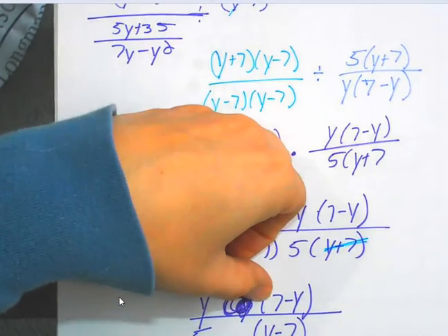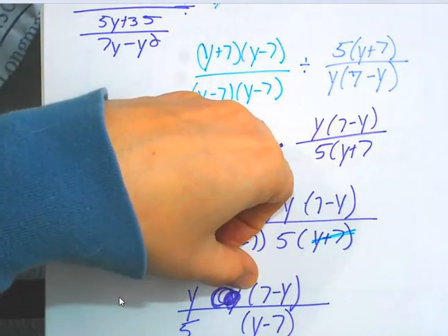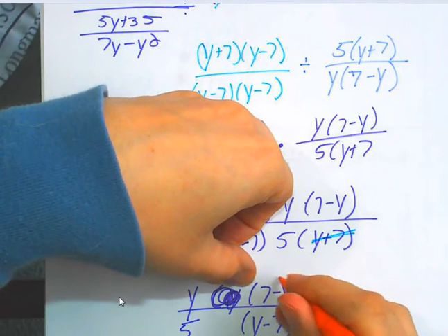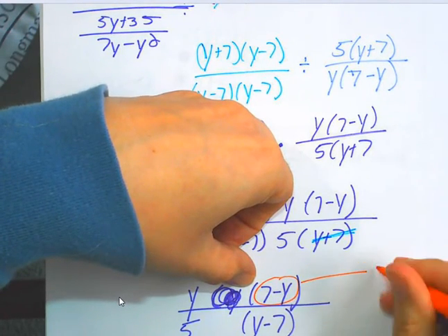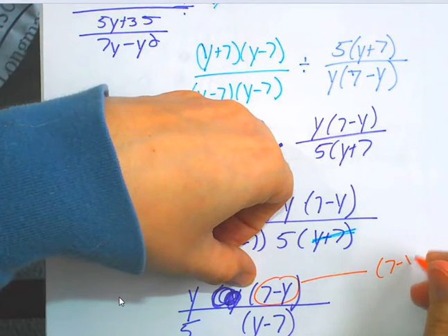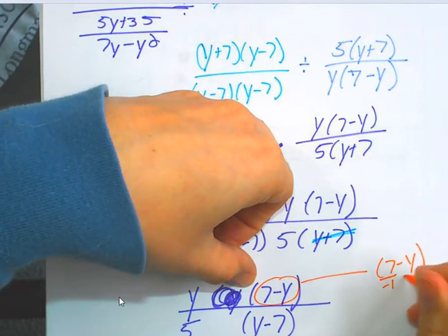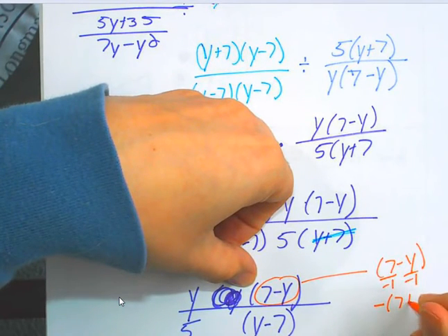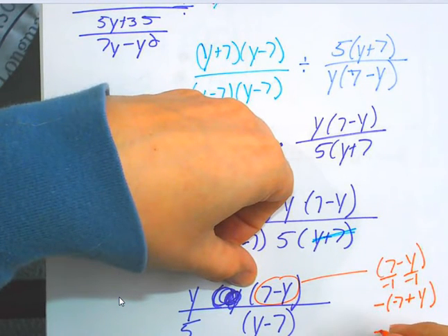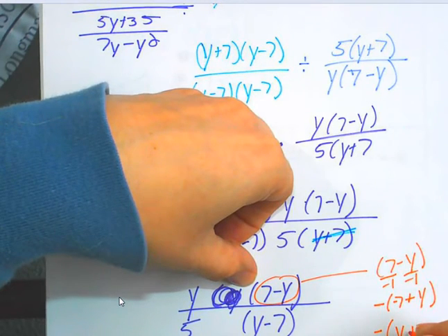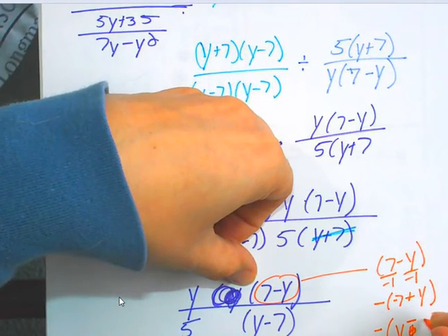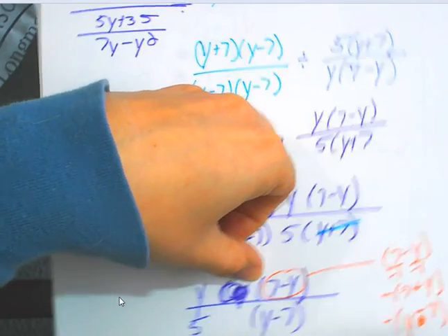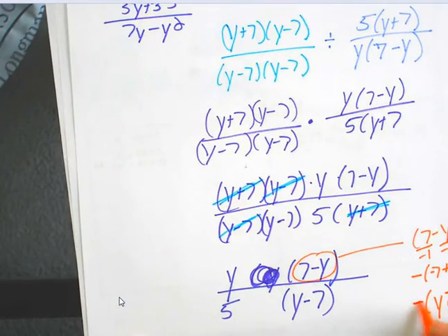And what I can actually do is factor out a negative 1. So let's look at this right here. If I have 7 minus y, I can factor out a negative 1, which gives me negative 7 plus y, which can be written with the negative on the outside as y minus 7. So let's take a look at that again. Don't forget you have a negative on the outside.